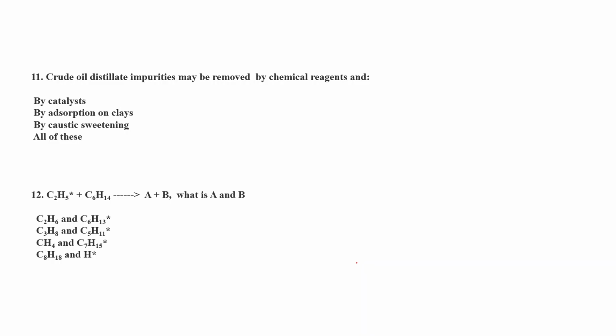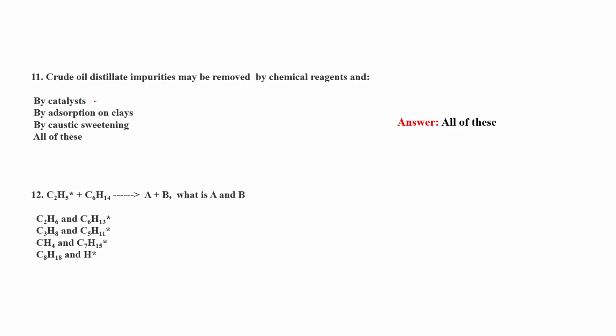Crude oil distillate impurities may be removed by chemical reagents. Impurities can be removed by catalyst also, by absorption of clay also, and by caustic sweetening also. We know all these things. So the answer is all of these.